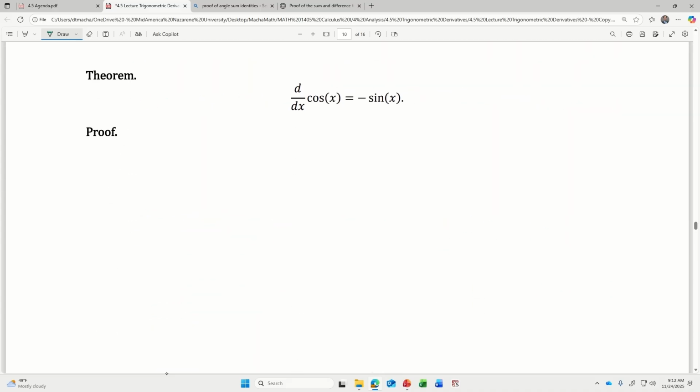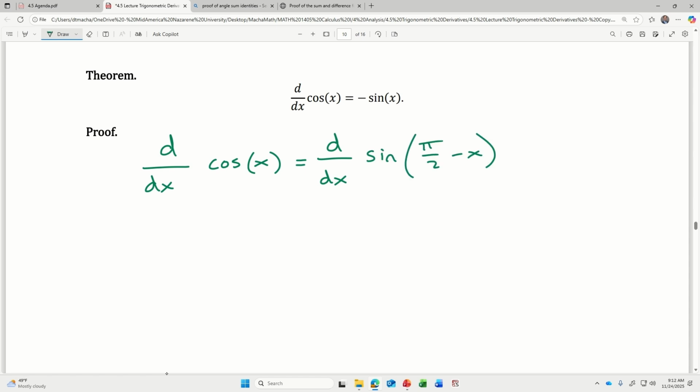All right, and that means if I ask you what's the derivative of cosine of x, I'm asking what is the derivative of sine of pi over 2 minus x.